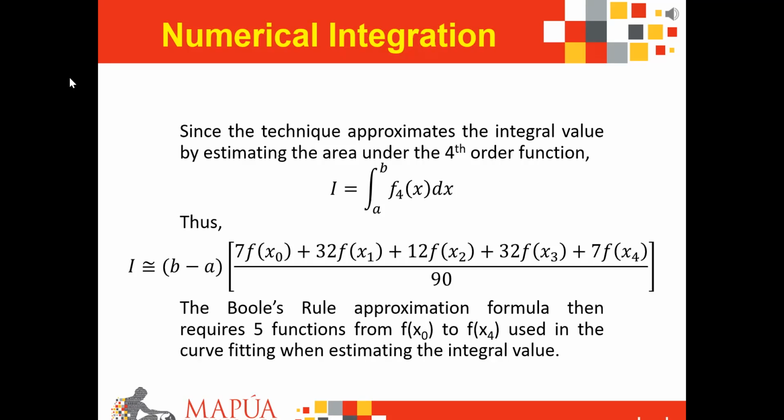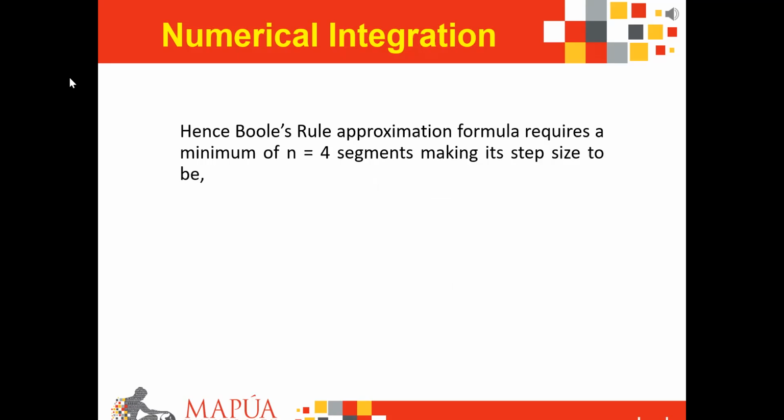However, we note that Boole's rule approximation formula always requires 5 function values from f(x0) to f(x4). Therefore, we use a curve fitting technique in order to estimate those function values. And we know that this technique utilizes a minimum of 4 segments to determine those 5 function values.